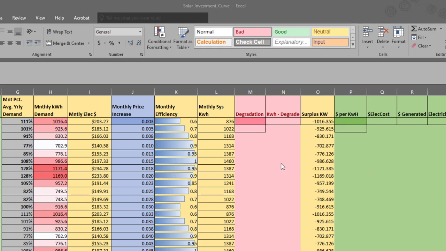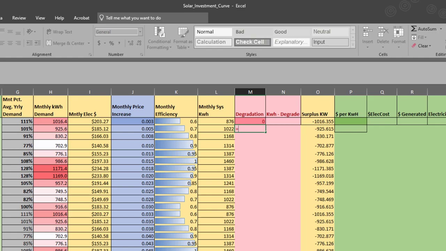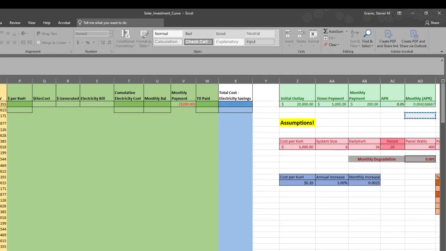So the first month we'll have no degradation. We assume that it's going to be at peak performance when installed, but then the second month that formula will change because we expect a small amount of efficiency degradation, and that is over here in cell AD11, and you can press F4 to freeze that.